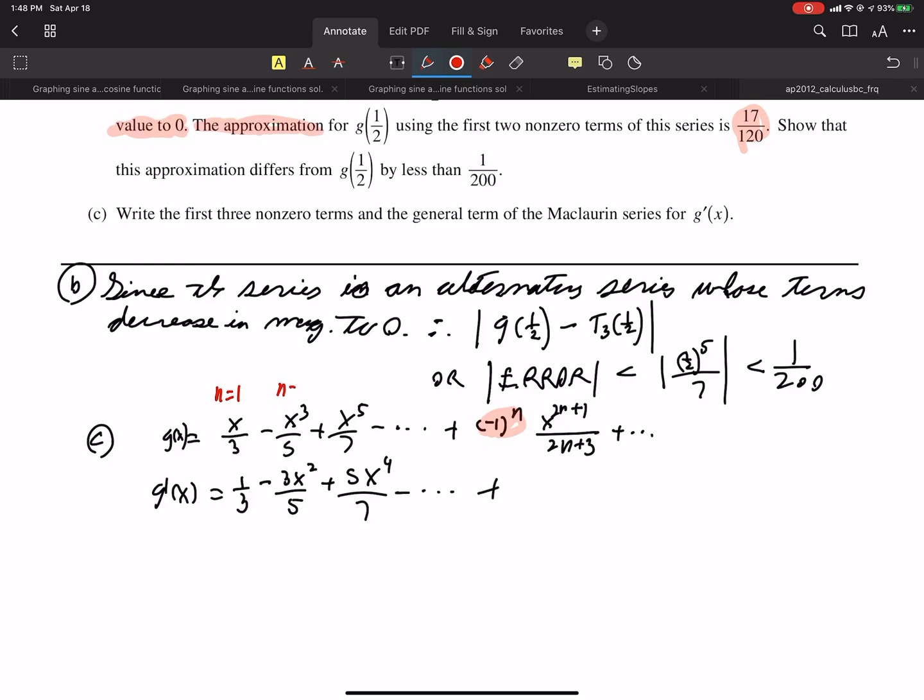For the second term, you plug in, no, I lied to you. This is 0, sorry. Plug in 1, and you will get the second term. For the third term, you plug in 2. So n is a constant for each individual term. So if you want to take the derivative of this, you have to consider each time you take the derivative, n is a constant. The variable is your x.